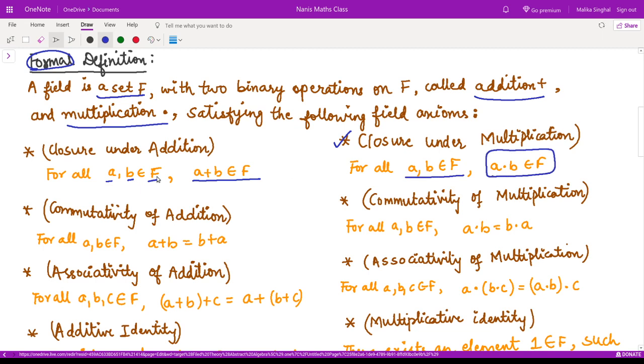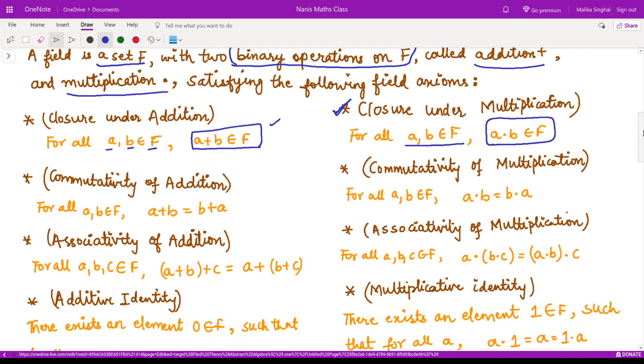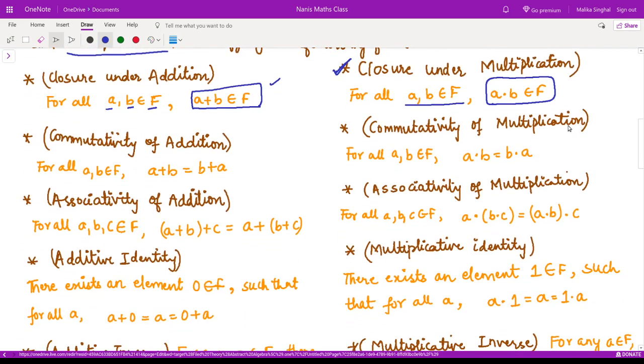Basically, these two properties are intuitive because we are saying that addition and multiplication are the two binary operations on F. That means these come under the definition of binary operations, so we do not need to define them explicitly, but for the sake of completeness, let us write these two also, right?